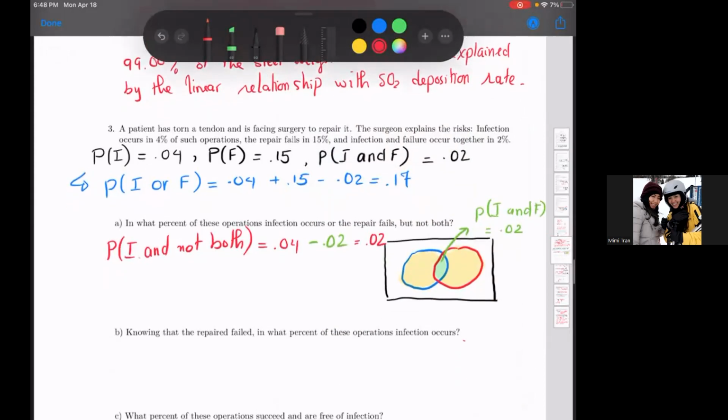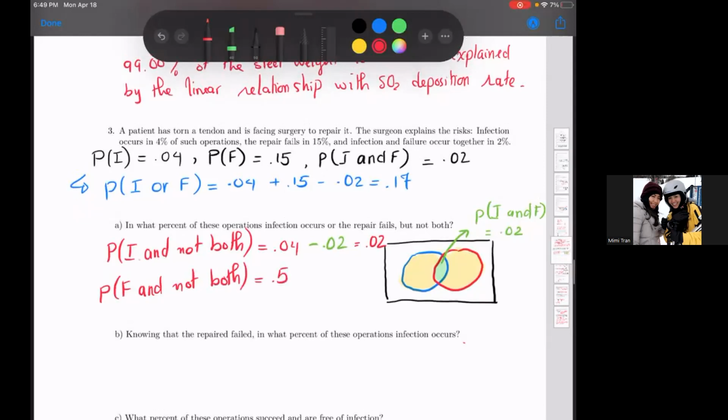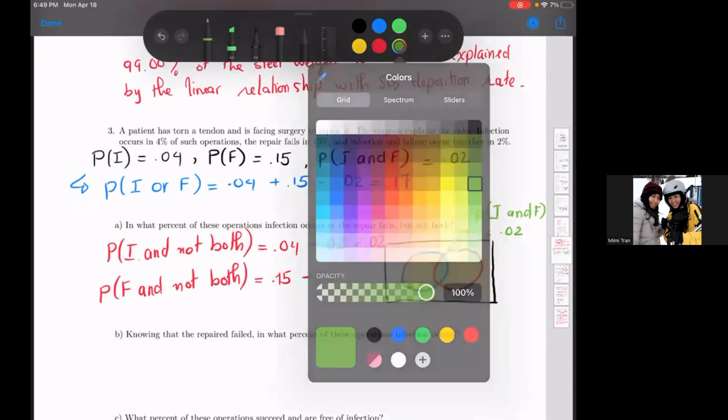And then another one, the red one, P of failure and not both. You do the same thing, which is, let's see, the red one is 0.15, minus the both is 0.02. Keep it consistent with my color.